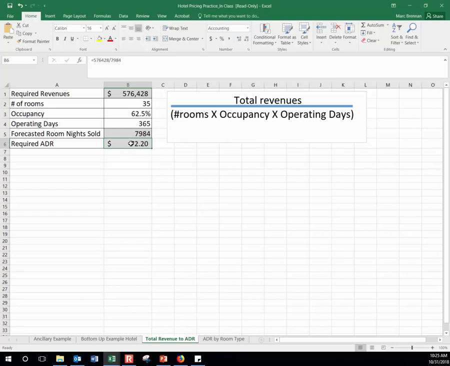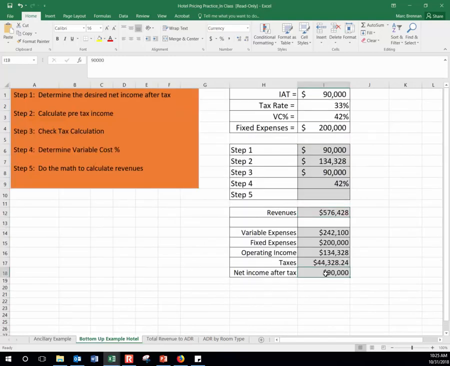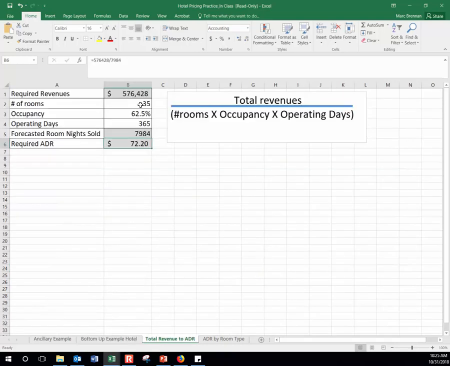What that means is, in order to get to my goal of $90,000, I need to make this much revenue. And if I want to make this much revenue, based on the fact that I believe I'm going to have 62.5% occupancy, I need to have an average daily rate of $72.20. And that's how you would communicate that.